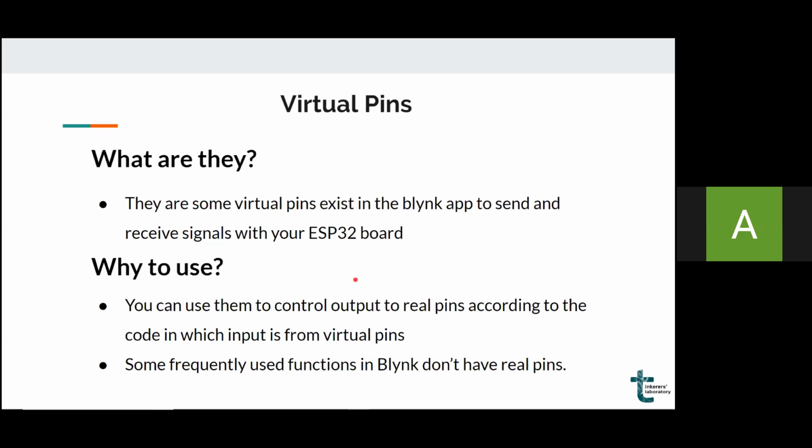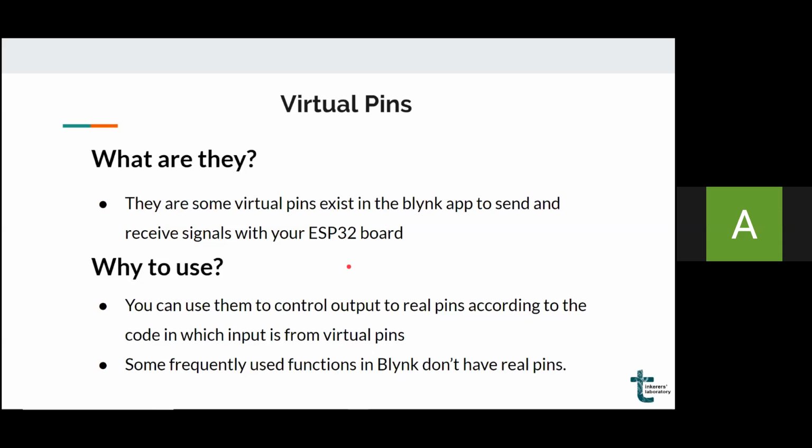With digital pins and a button, we can only send and receive signals in the form of 1 and 0. But if you want some analog things, you don't have any button types for that.